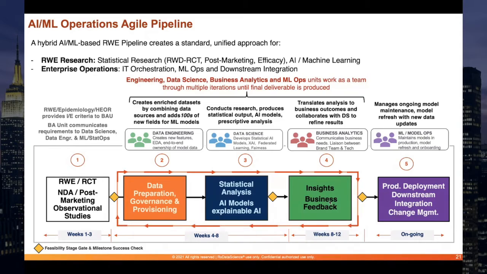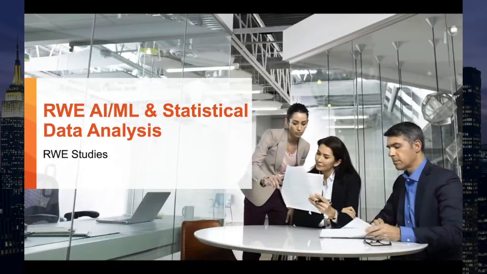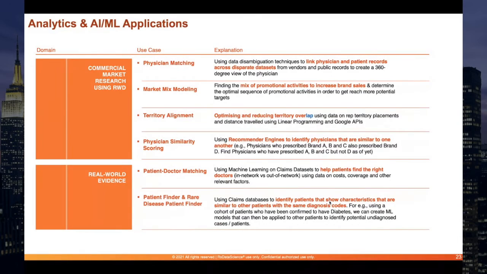the software development lifecycle. So in this section, I have some use cases. I've spoken quite a bit about data management, and I'm sorry I'm going through this quite fast, because I have quite a few different examples that I do want to show in terms of the AI and ML aspect and the statistical data analysis aspect.